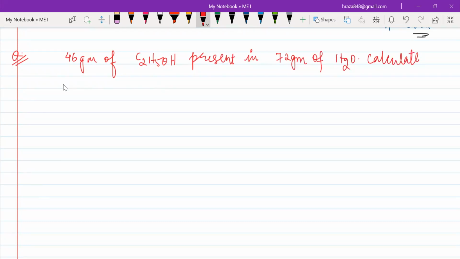Calculate mole fraction of each component.